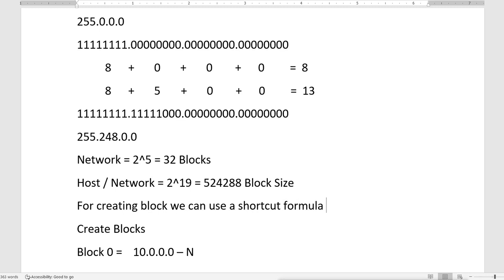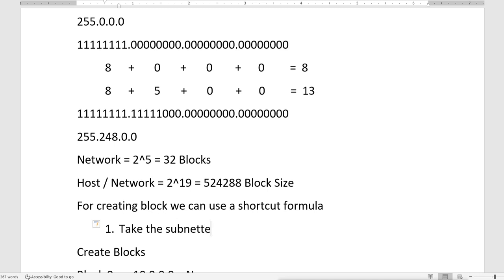First, take the subnetted value from the subnetted mask.